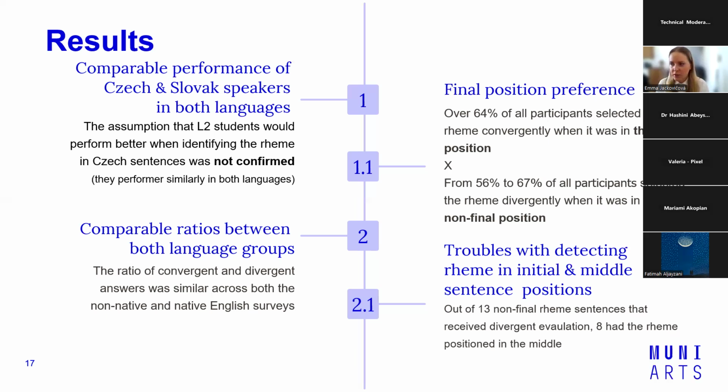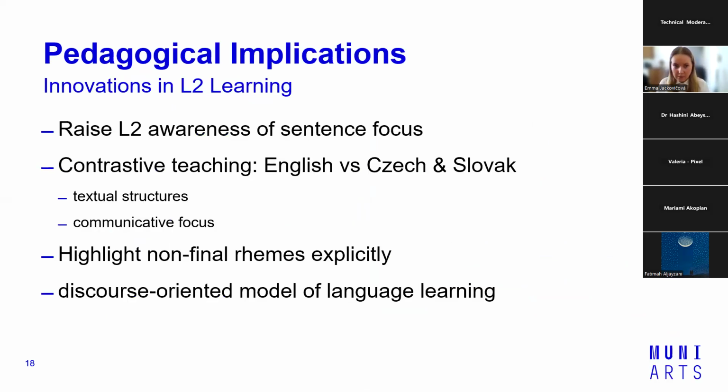Also, regarding the second research question, we found that most divergent responses occurred in sentences with mid-position rhemes. As I already mentioned, out of 13 non-final rheme sentences that received divergent evaluation, 8 had the rheme positioned in the middle. So this indicates again that sentence structure, not some first language transfer, affects rheme interpretation difficulty.